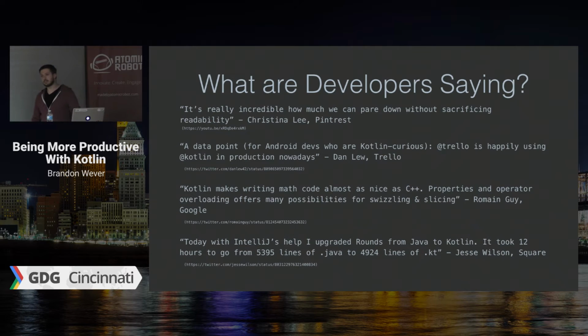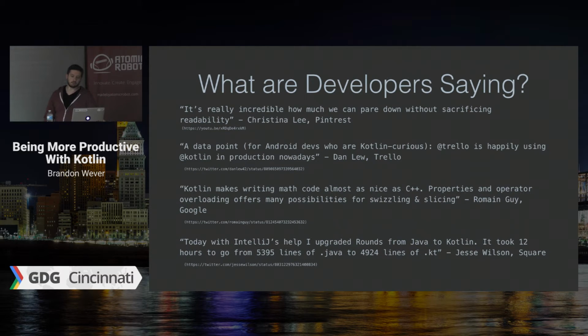Also, I know some of you wouldn't use Kotlin if you didn't know some developers that were using it. So maybe you've seen some of these names before. Christina Lee was quoted in one of her videos as saying, it's really incredible how much we can pare down without sacrificing readability. And that's in talks of converting Java to Kotlin. Then Dan Liu from Trello said Trello is happily using Kotlin in production.